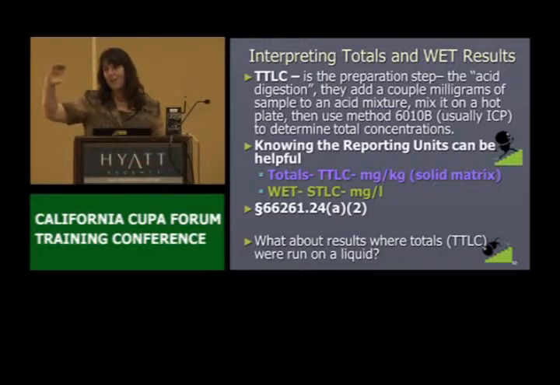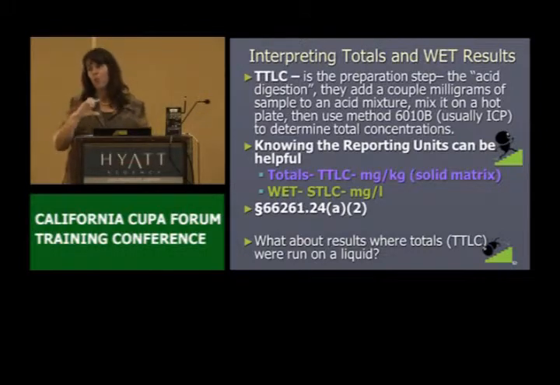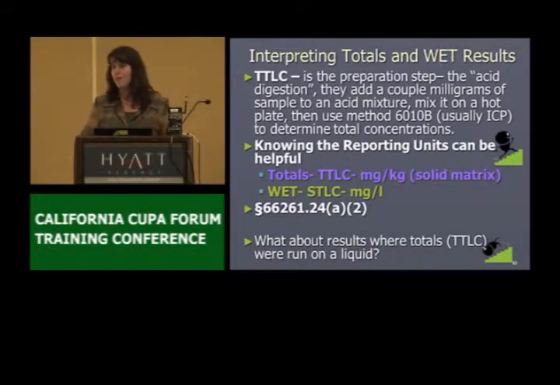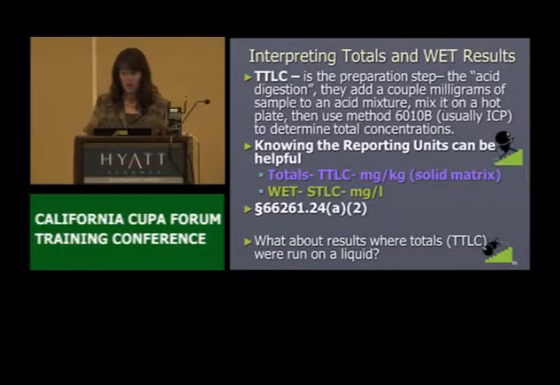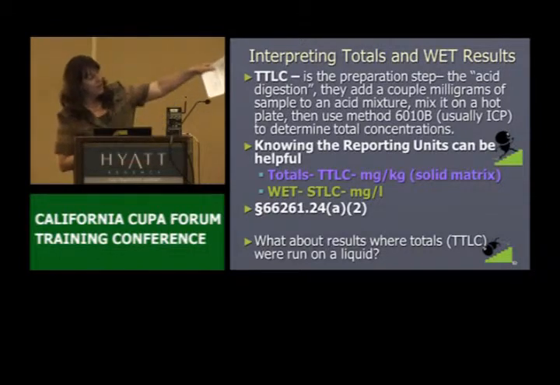Yeah, it looked like a clear glass of water. There weren't any solids in it. But it could be disputed because the results were TTLC, they weren't STLC. So it's just something to keep in mind. If you're going to do an enforcement case on a liquid and you're relying on those sample results, run STLC on it, just to be sure that you don't fall down the stairs like I did.